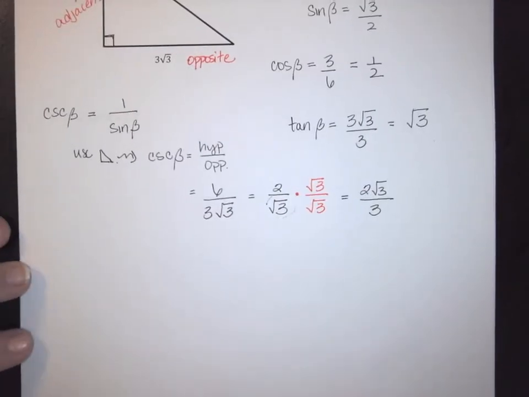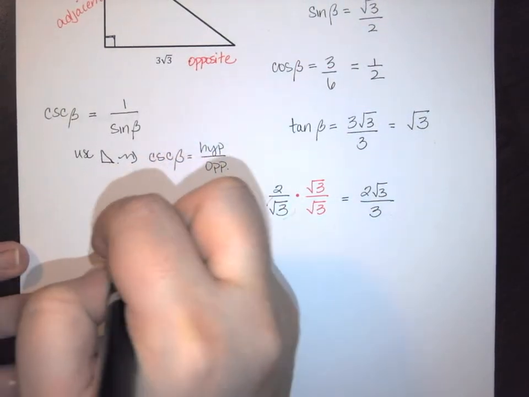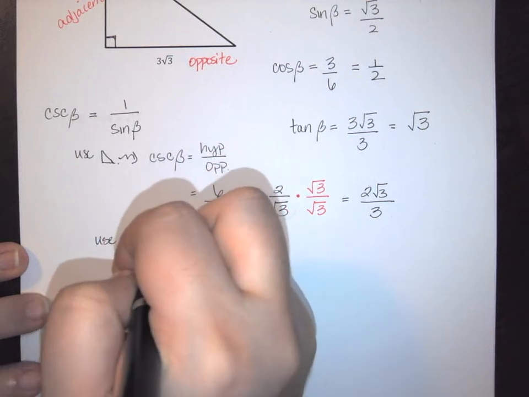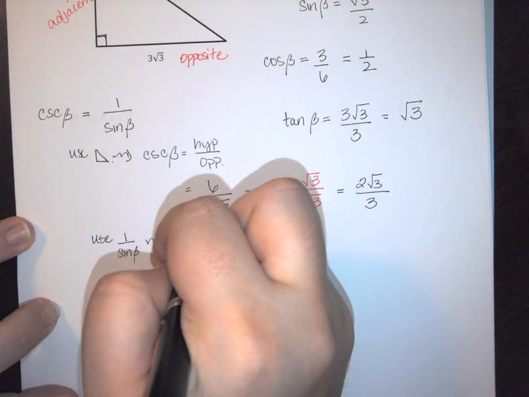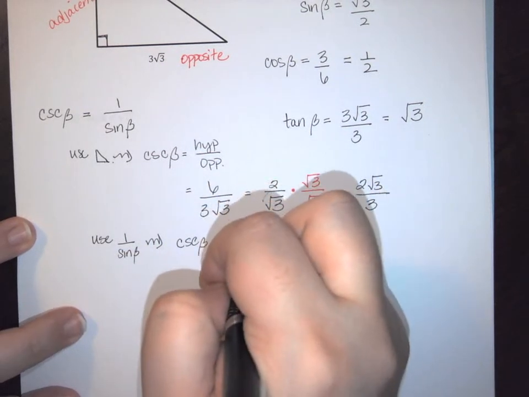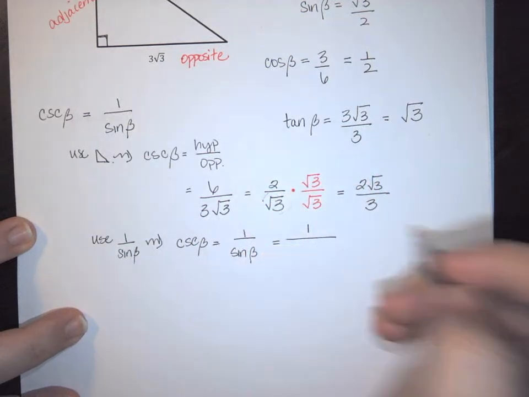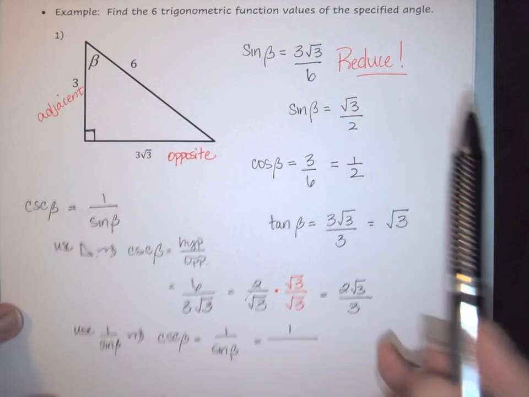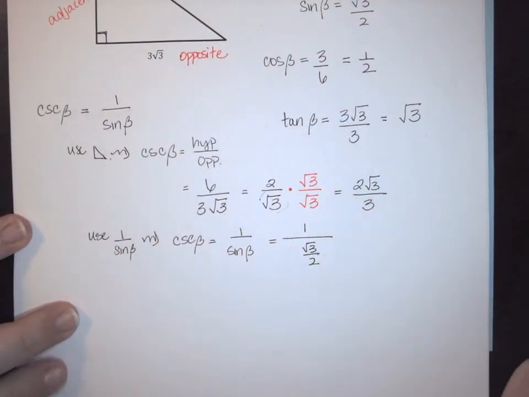Now, what if I wanted to use the reciprocal instead, 1 over the sine of beta? In order to do that, we would say that the cosecant of beta is the same as 1 over the sine of beta, which is the same as 1 over, and if you remember, my sine was the square root of 3 over 2. So this would be 1 over the square root of 3 over 2.